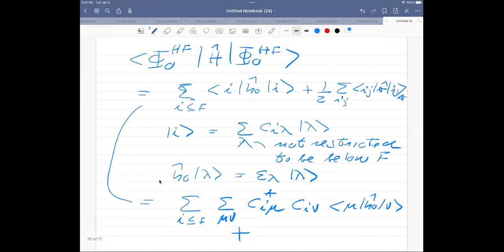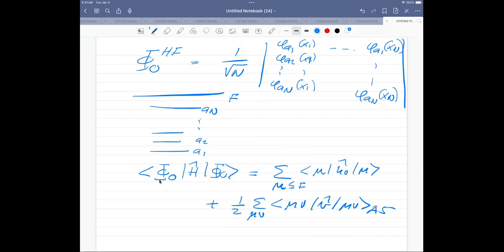So just to remind you that when I used my old function here, my old basis, this sum is also restricted to the states below the Fermi level, because that follows from the way we have set up this Slater determinant here.